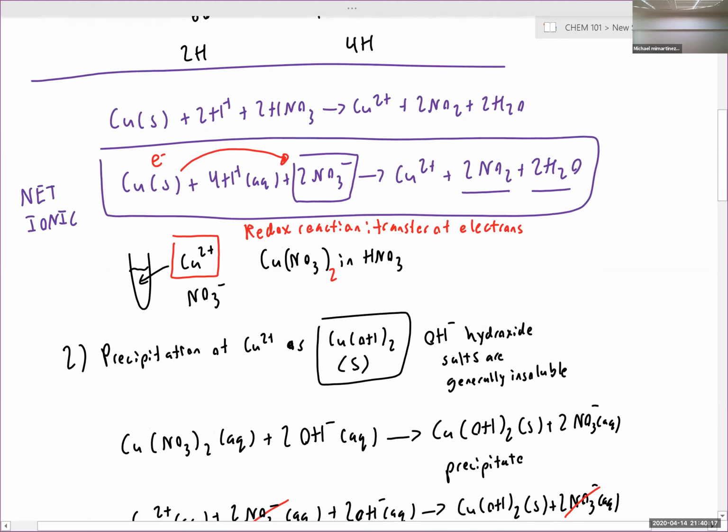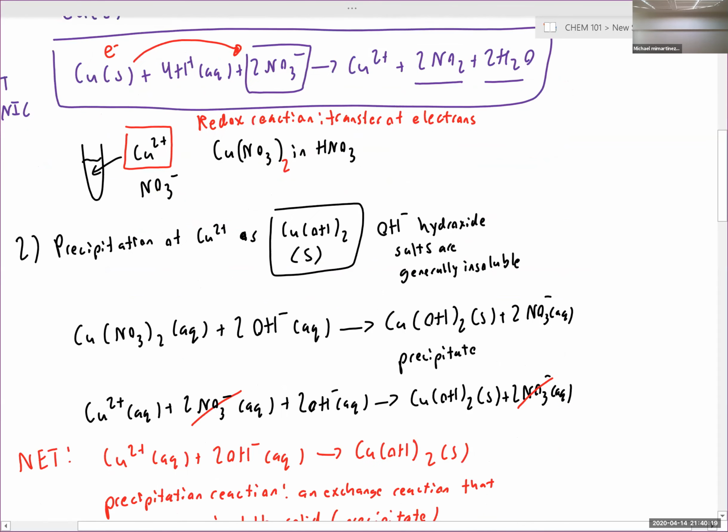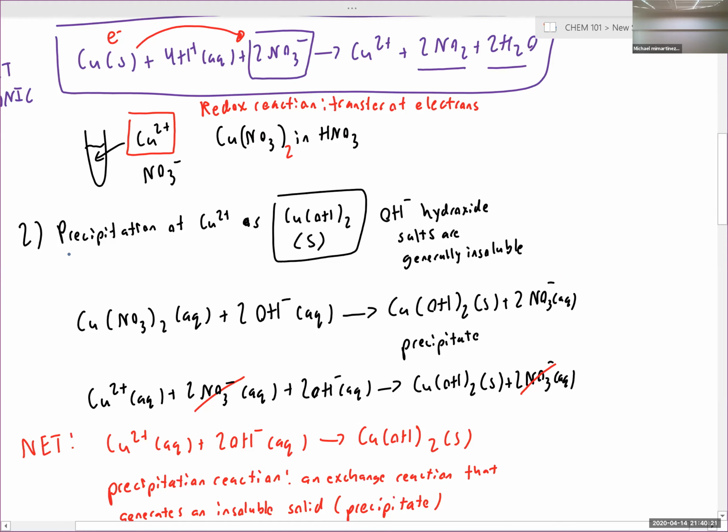The next reaction that we're going to observe is a precipitation reaction. So we're precipitating our copper 2+ as copper hydroxide solid. So one thing I want you to keep in mind, hydroxide salts are generally insoluble. In fact, making the hydroxide salt is the primary way that we remove a lot of heavy metal contaminants from our common municipal waste, or industrial waste in some cases.